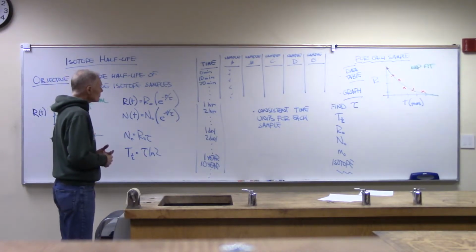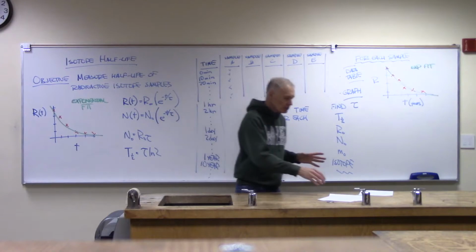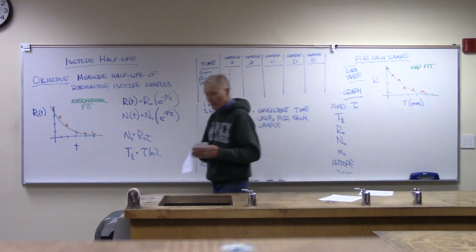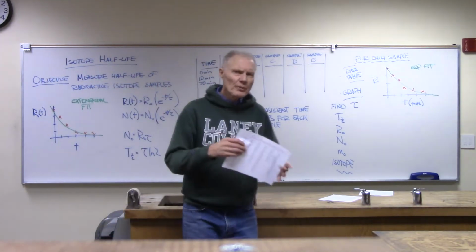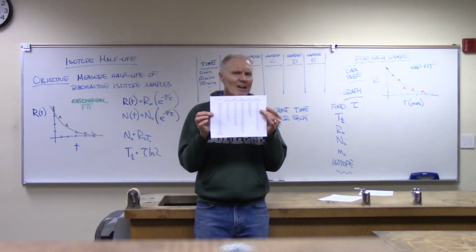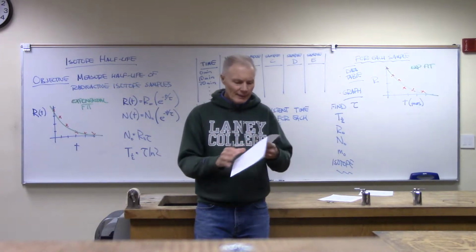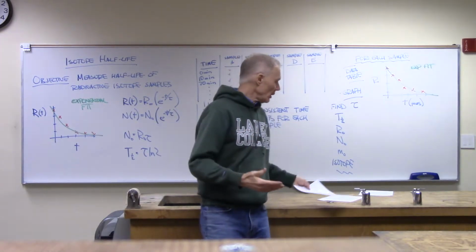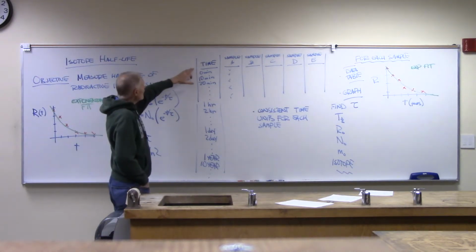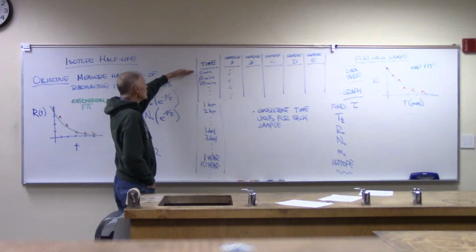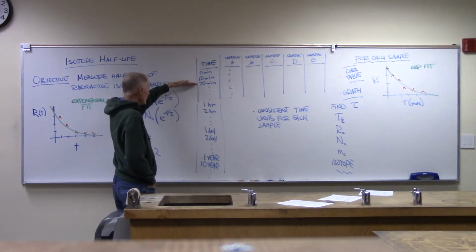Now, we have a data sheet, so I do have the numbers. If you notice on the data sheet, the times that we're going to be looking at, we take measurements at what we call t equals 0. We'll take a 1 minute measurement of the decays at this time, and then 10 minutes later, and then 20 minutes later.